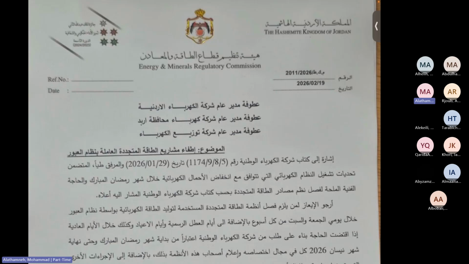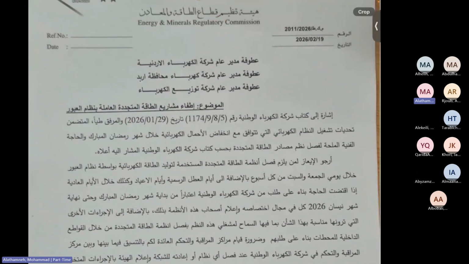They're asking the distribution companies to disconnect the power on Fridays and Saturdays every week, and also during Eid and the holidays, no matter what. And even sometimes during normal days, if they are asked by NEPCO, starting from Ramadan until the end of April.